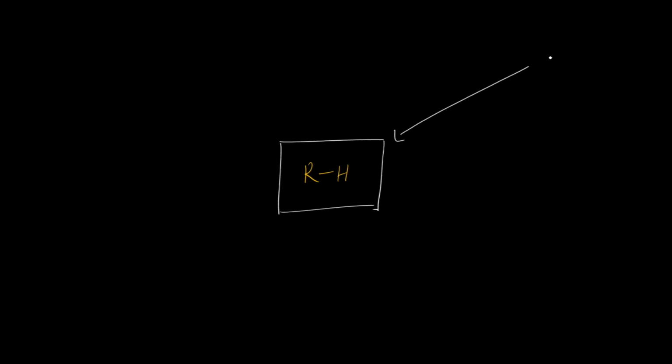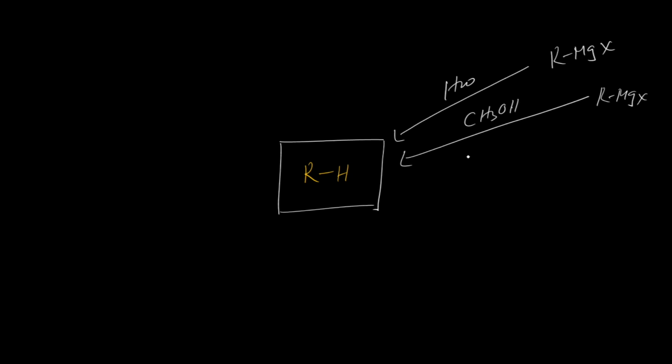We started from alkyl halide and Grignard reagent. RMgX when treated with water gives you alkane, or RMgX when treated with alcohol, which you have taken, also gives the alkane.